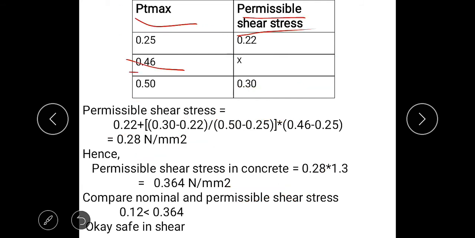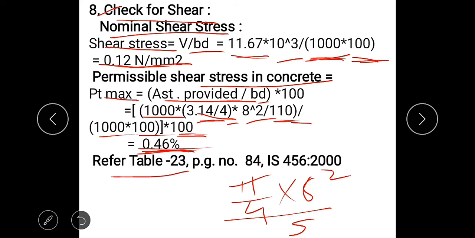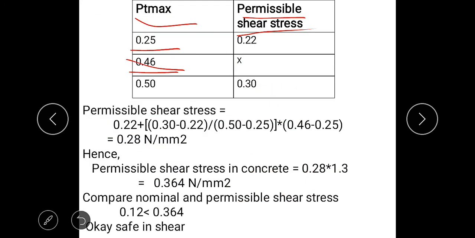For 0.25, the IS code gives 0.22 permissible stress. For 0.50, the permissible stress is 0.30. So for 0.46 we have to find the permissible stress.